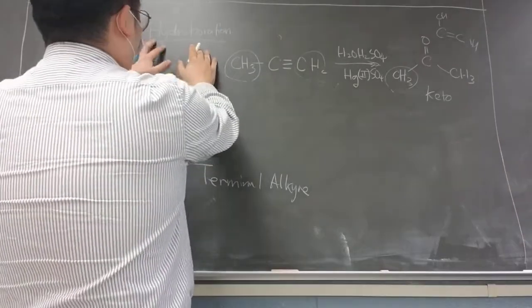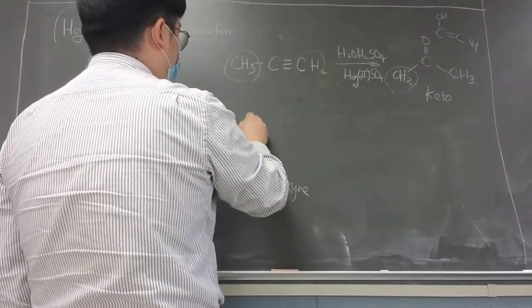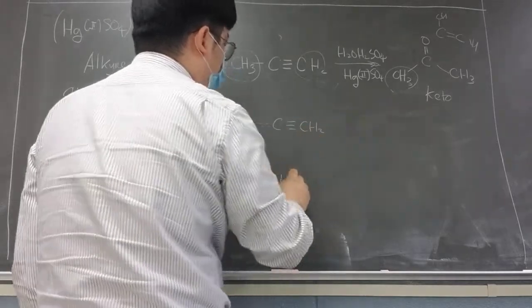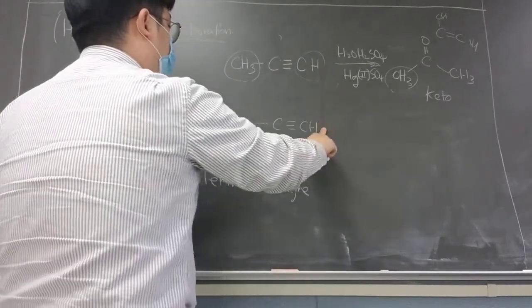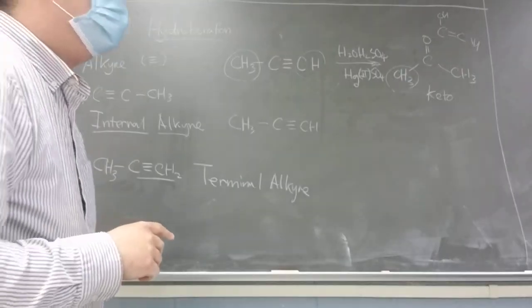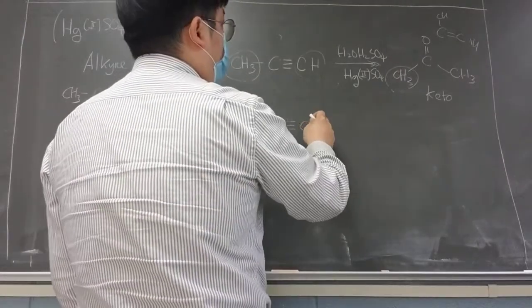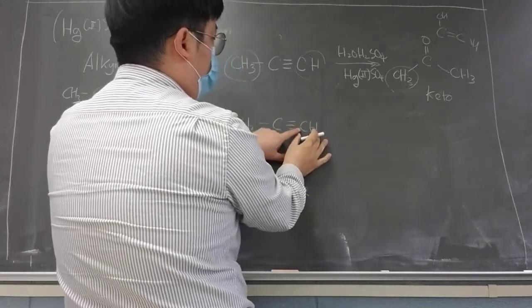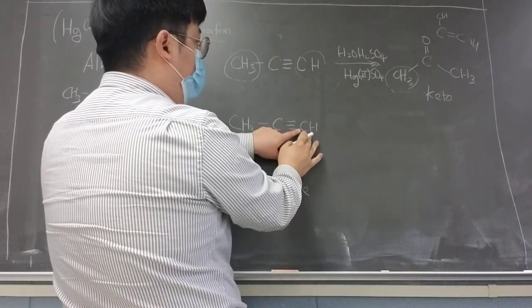For hydroboration, it's similar, but slightly different for the terminal alkyne. Whenever you have this one, it's actually going to make a carbonyl group at the last carbon right here, not here.